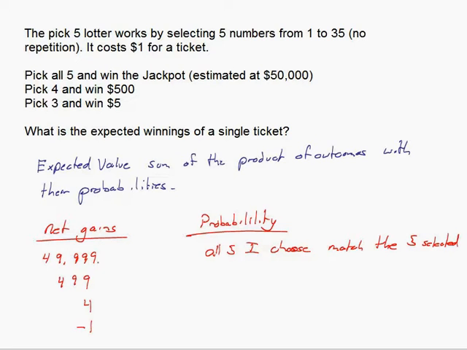So I'm going to calculate this probability, and then we'll do it for each one of these. This one's not too bad because it's a combination problem. Out of the 5 winning, I'm choosing 5 of them. So this is 5 choose 5.